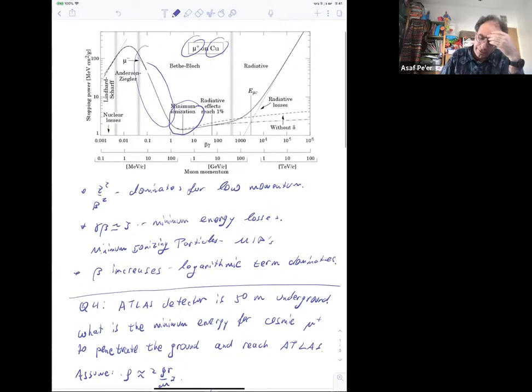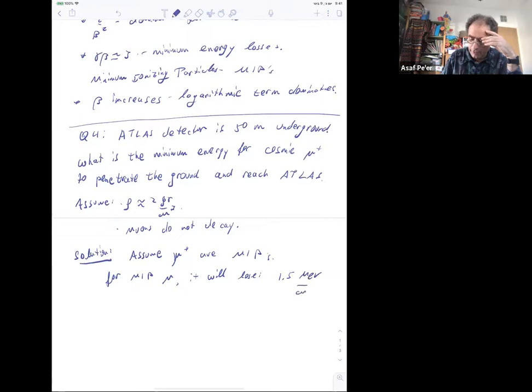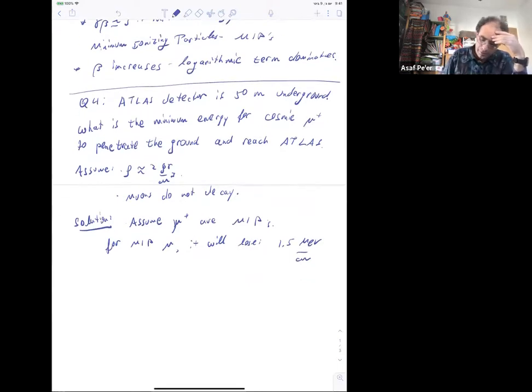If we look here at the figure for a MIP muon, it's going to lose roughly of the order of 1.5 MeV per centimeter. But this is in a material of density 1 gram per centimeter cubed.